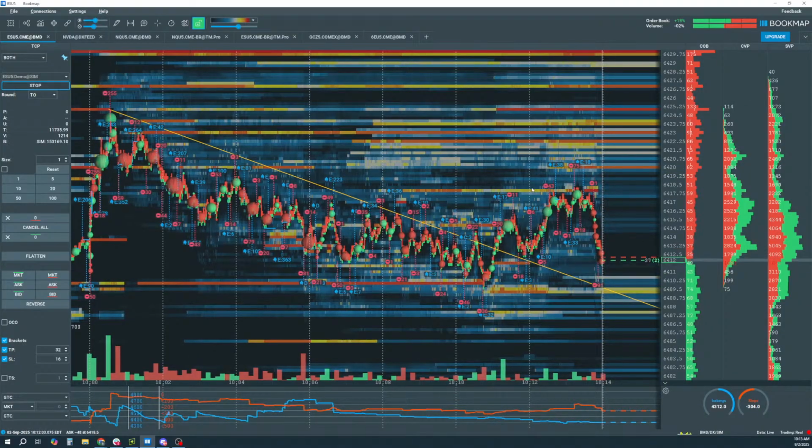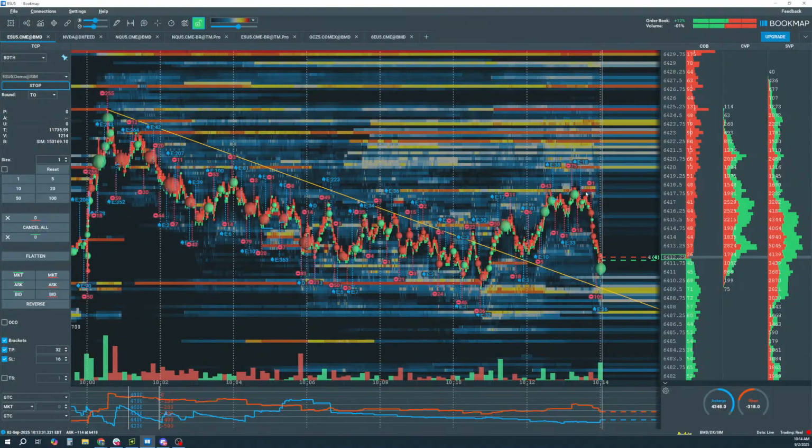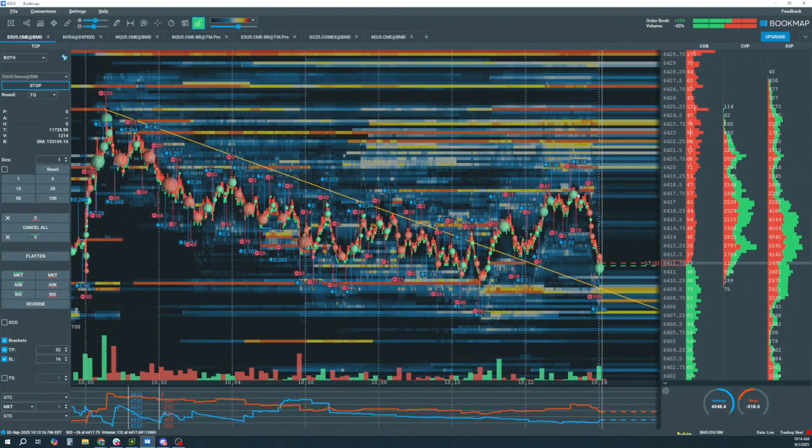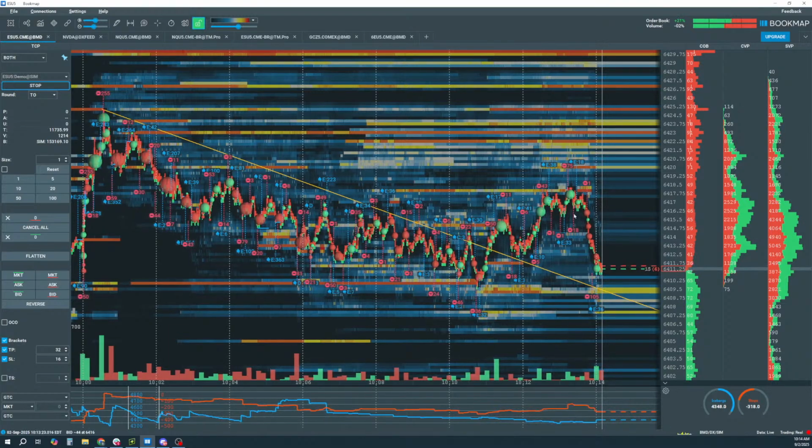All right, and let's see, these guys on the hook up in here feel the pain down here, right? There's a stop run there. I'd still love to see the stop run into this high liquidity here. Let's see if we can get that.